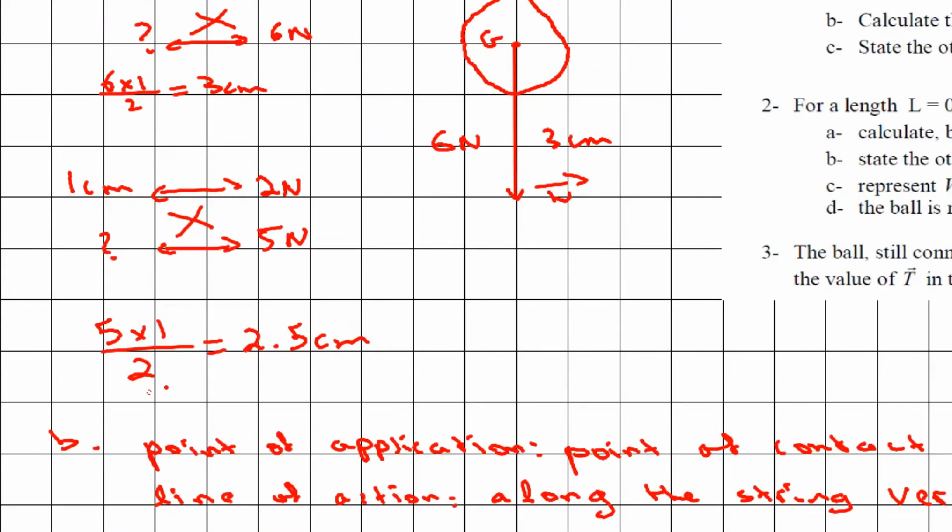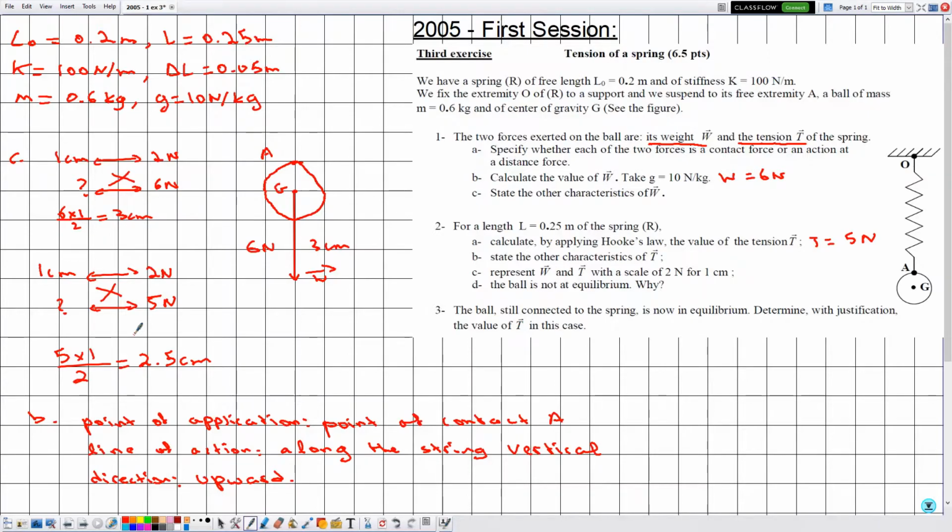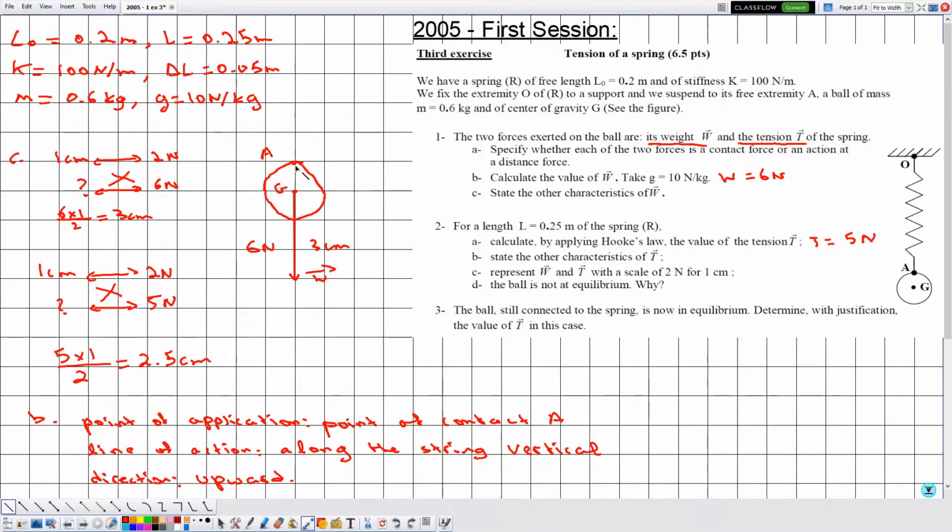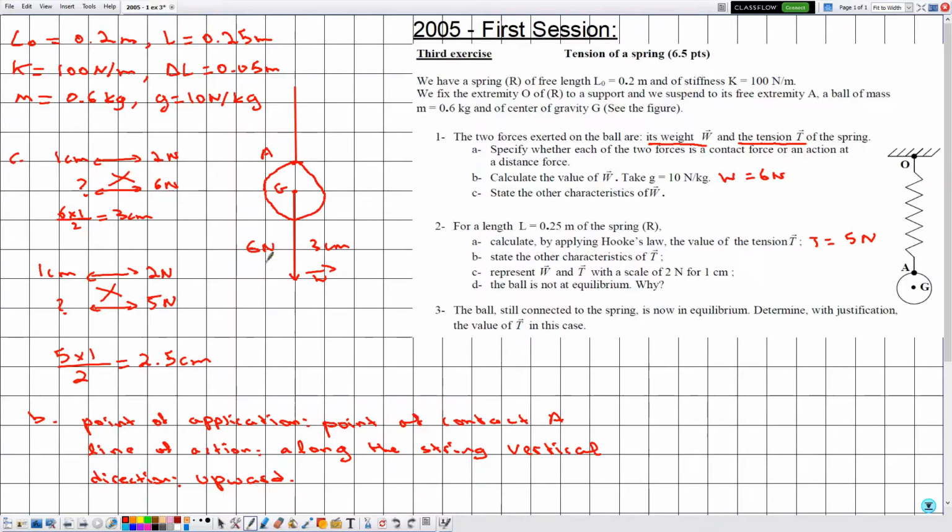Then what does 2.5 centimeters represent? It represents the length of the vector T, which acts at the point A vertically upward along the string. So the name of this vector is T. The length of this vector is given by 2.5 centimeters, which is worth 5 newtons.